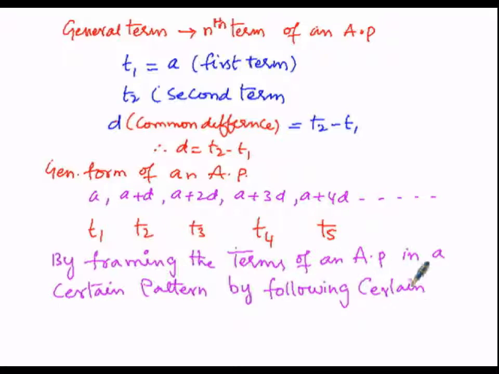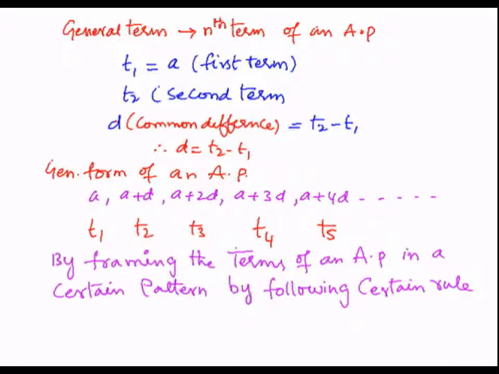So here we are going to arrange the terms, the first term, second term and so on. The first term is A, the second term is A plus 1D, the third term is A plus 2D and so on. So we are going to arrange the same terms in a particular order by means of a certain rule.